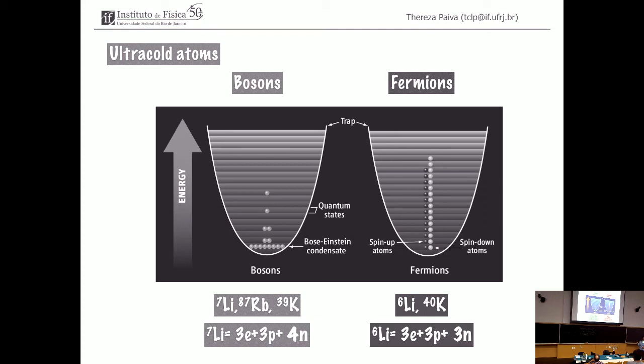And the basic difference is outlined here. When we have bosons, we can cool down the system and see them all condensate on the lower energy state. And when we have fermions, we have the Pauli principle here, and we have two different species, so 2 atoms per level. So this is very different.